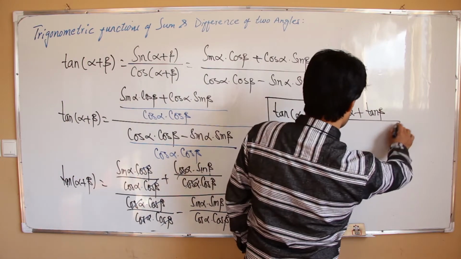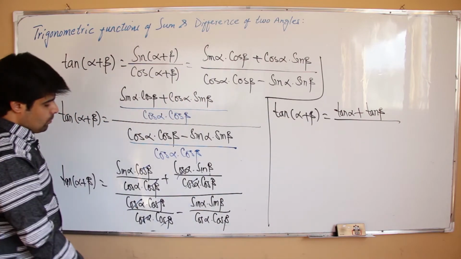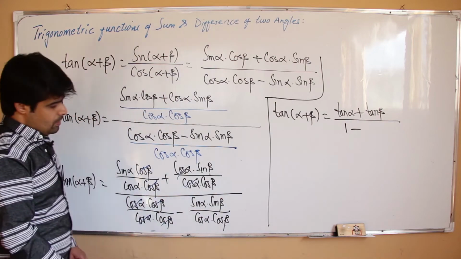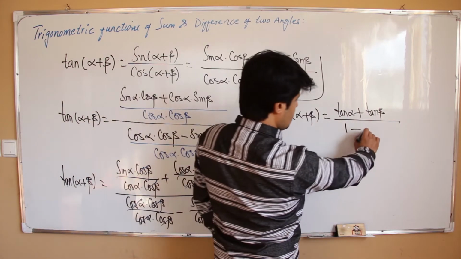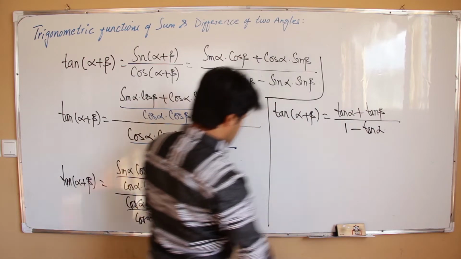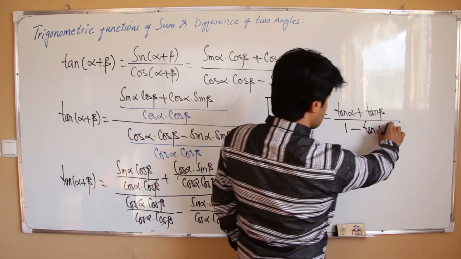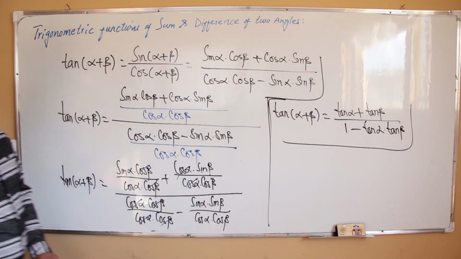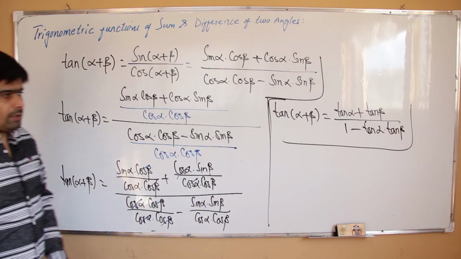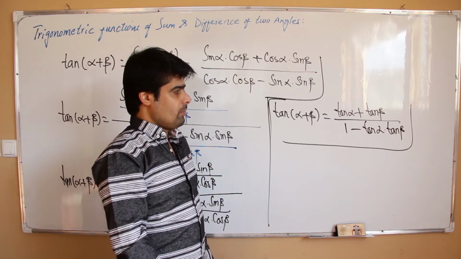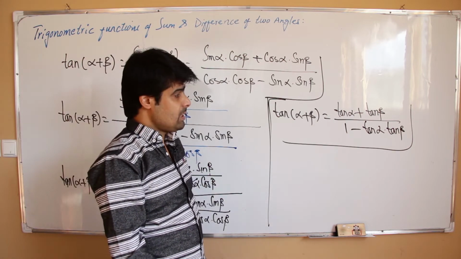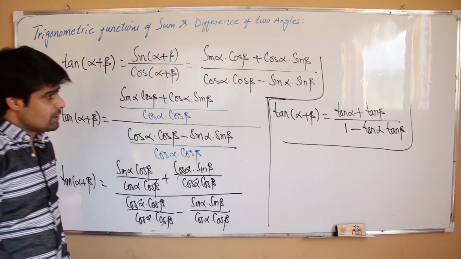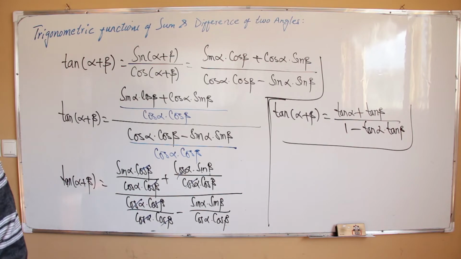This is the formula for tangent of alpha plus beta: tangent alpha plus tangent beta divided by 1 minus tangent alpha times tangent beta. I think you have got it. Write it please. We will go on to the difference of angles.